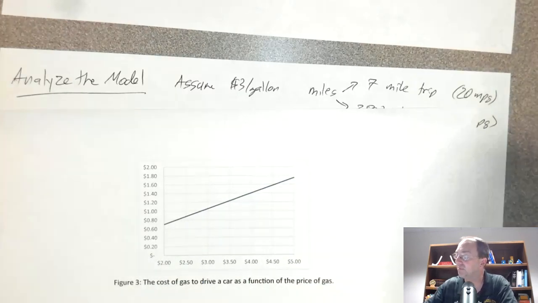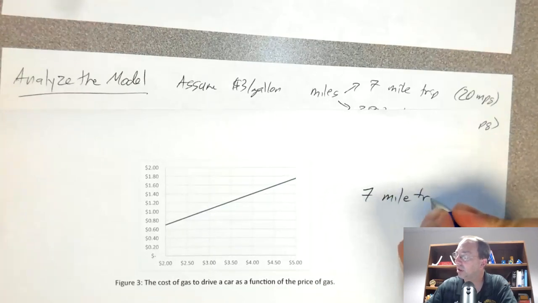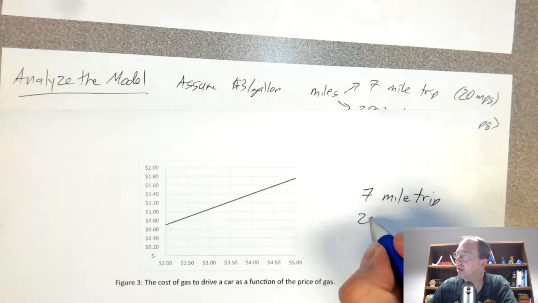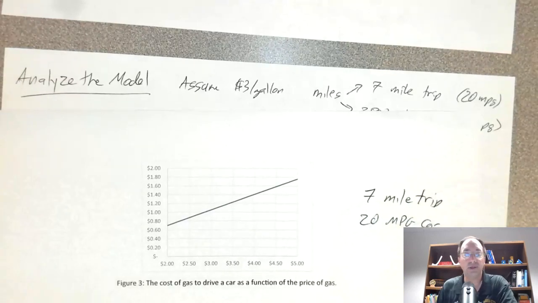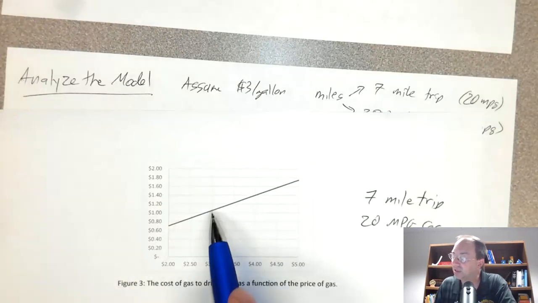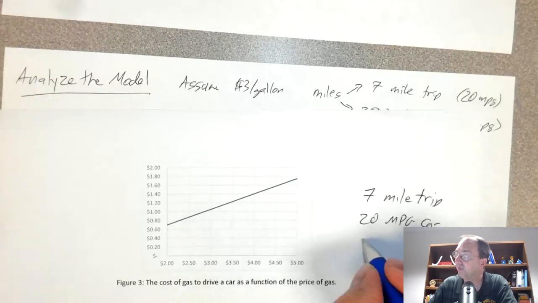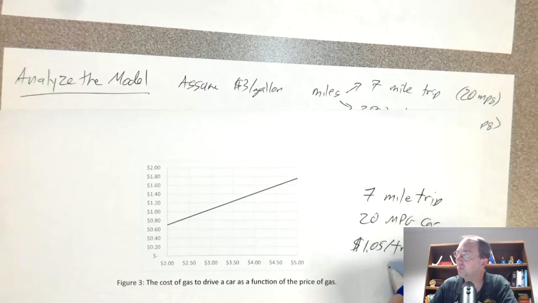So this is based on the 7-mile trip, 20 mpg car. And so if you just care about specific numbers, you can look at this and notice that it's about $1.05 per trip, or about 15 cents per mile if you prefer.